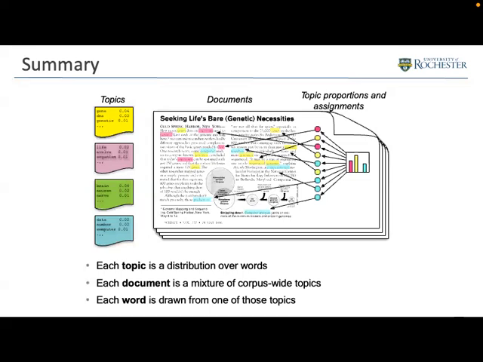So that is the LDA model. Each of the topics is a distribution of the words, and each of the documents is a mixture of the corpus-wide topics, and each of the words will be drawn from one of those topics.